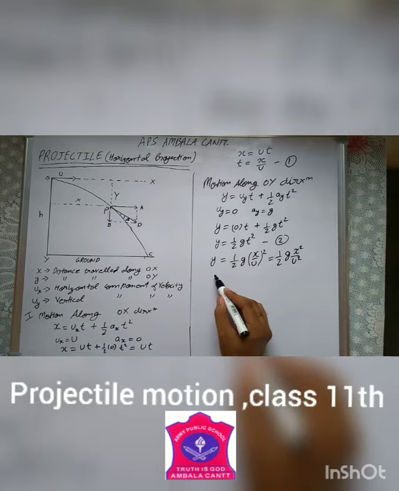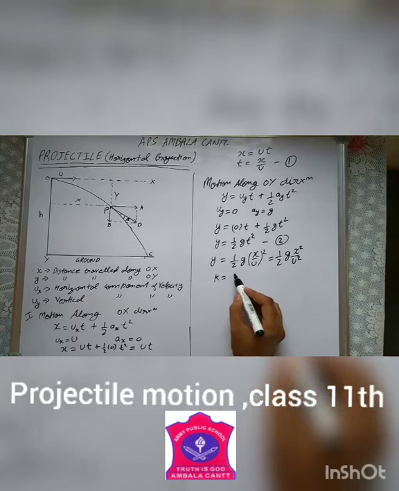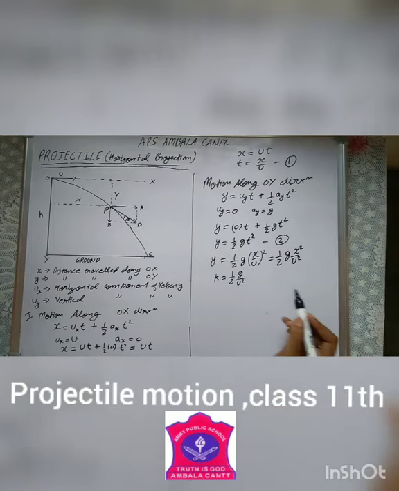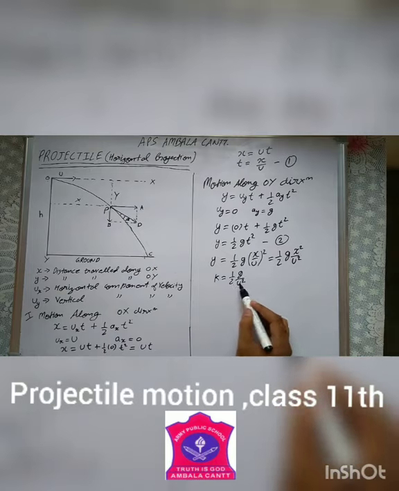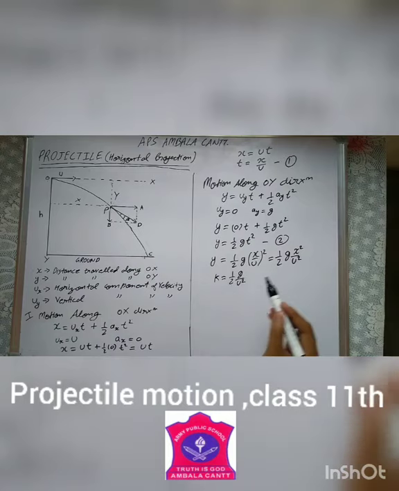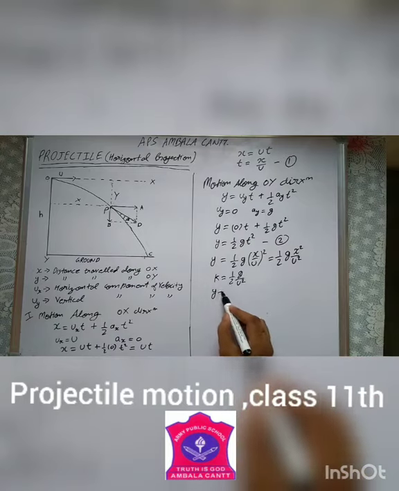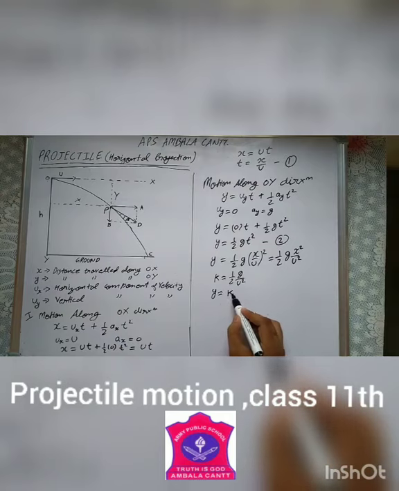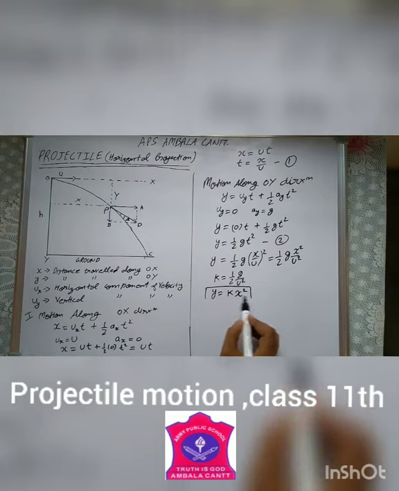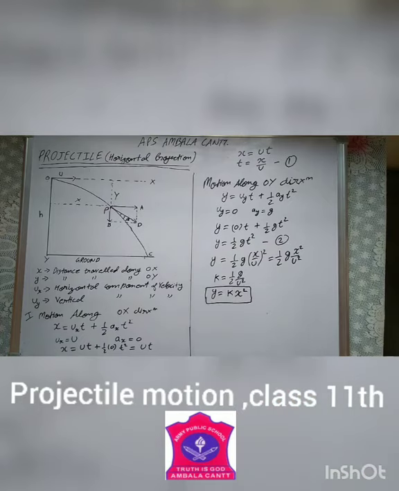Now we can rewrite this equation by substituting k equals half g by u square. If we substitute this k in the equation, we get y equals k x square. This is our final result for this two-dimensional problem.